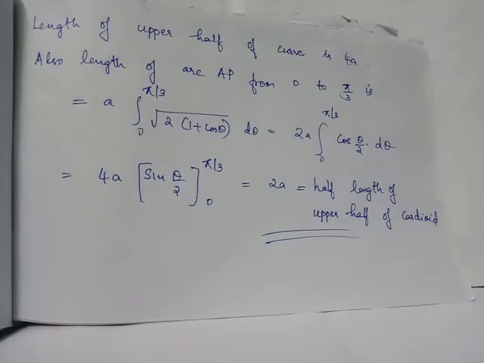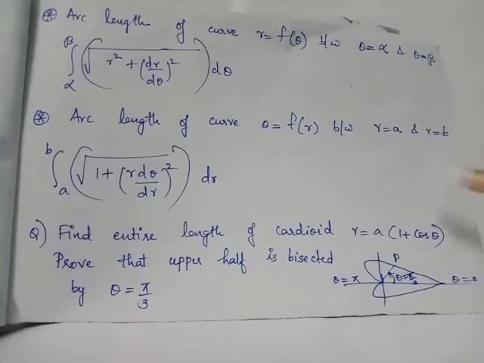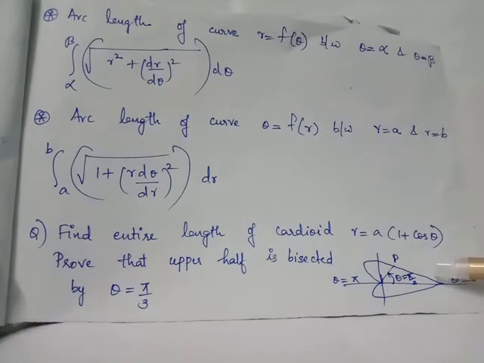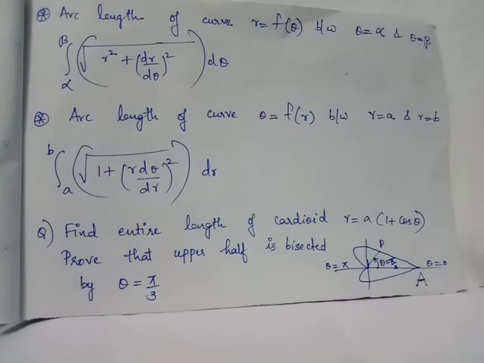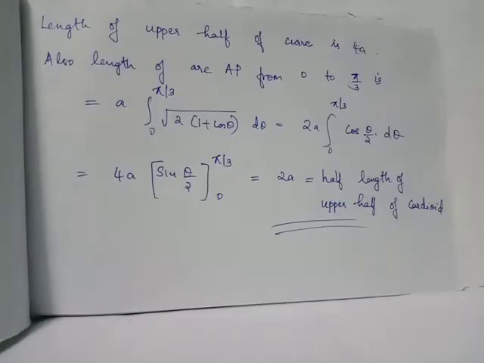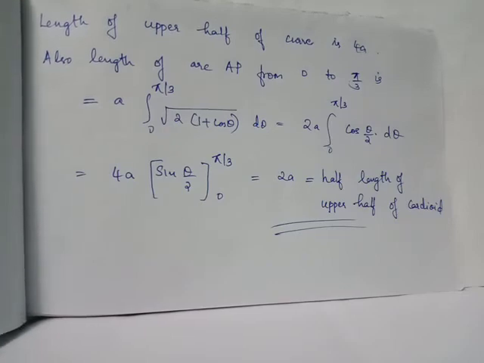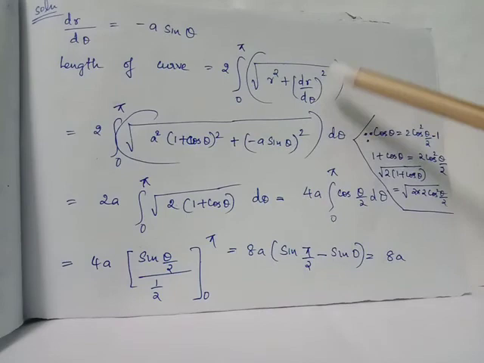Also the length of the arc AP from 0 to pi by 3 is, having considered the point P where the ray meets the cardioid with the angle theta equals pi by 3, and A being marked here, the length of the arc AP of the cardioid with theta from 0 to pi by 3 is given by integral 0 to pi by 3 root of 2 into 1 plus cos theta d theta, because we follow the same steps without the 2 multiplied.